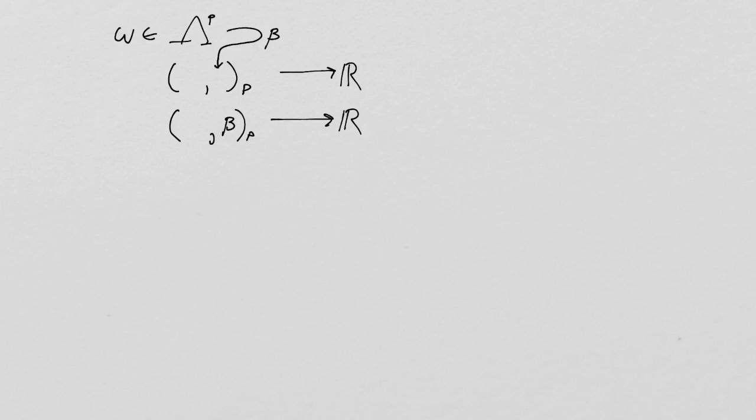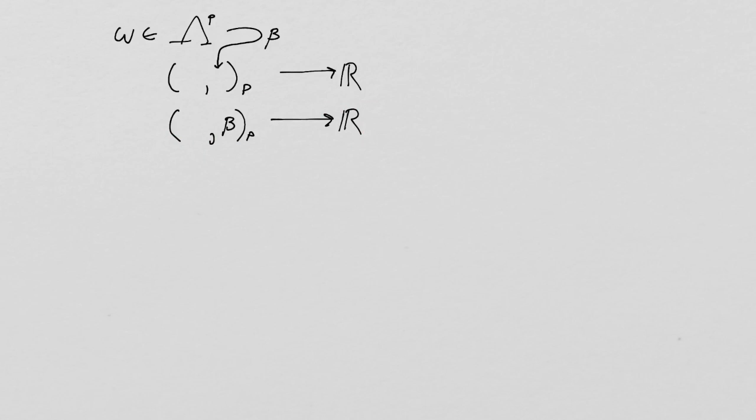I put it in this first slot of the inner product, and then I take omega and put it in the second slot, and I get R. Now, I said first and second, but these things are symmetrical. The inner product is symmetric, so it really doesn't matter. So if I'm given a beta, I can take any other element and create a real number that way.